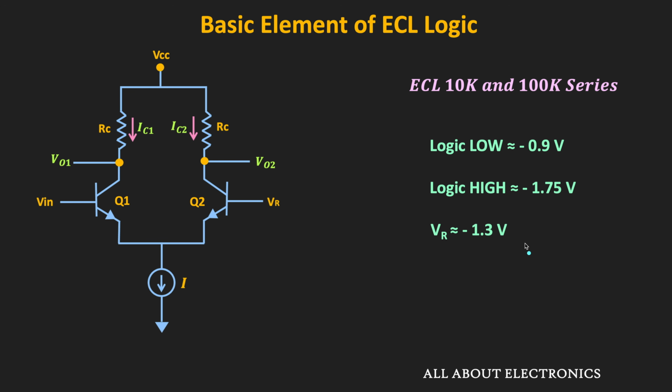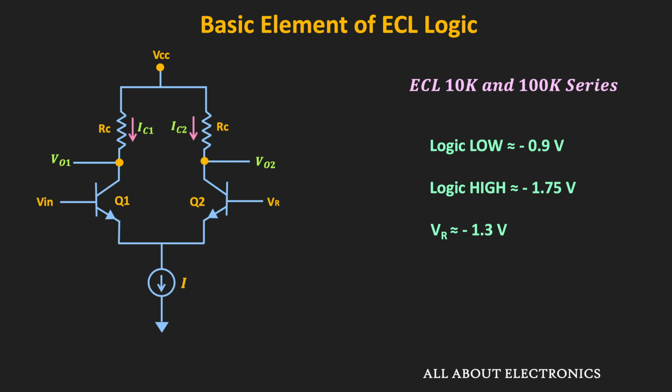And the logic high and the logic low voltages are plus minus 400 millivolt around this voltage. So the logic high is around minus 0.9 volt, and the logic low is around minus 1.7 to minus 1.75 volt. That means when the ECL gates are operated with the negative voltage, the logic high and the logic low voltages are negative voltages.